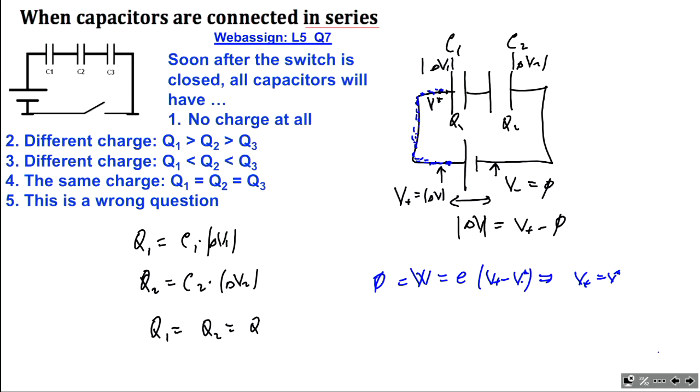Only a capacitor may change potential. To what value? To a new value. Let's call it V2 stars. The potential difference, also called voltage, between these two values, V2 star minus V star, is what the voltage across the first capacitor is equal to.